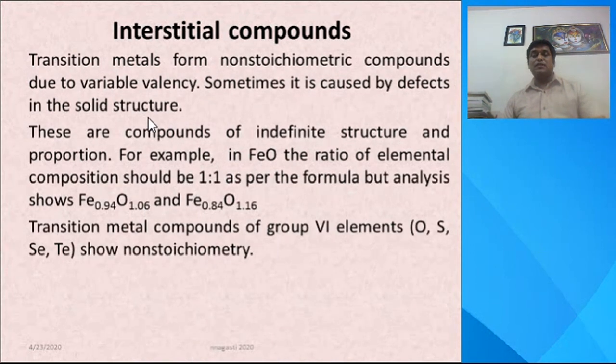Interstitial compounds. These transition metals do form non-stoichiometric compounds due to their variable valency, and also it is caused by defects in solid structure.